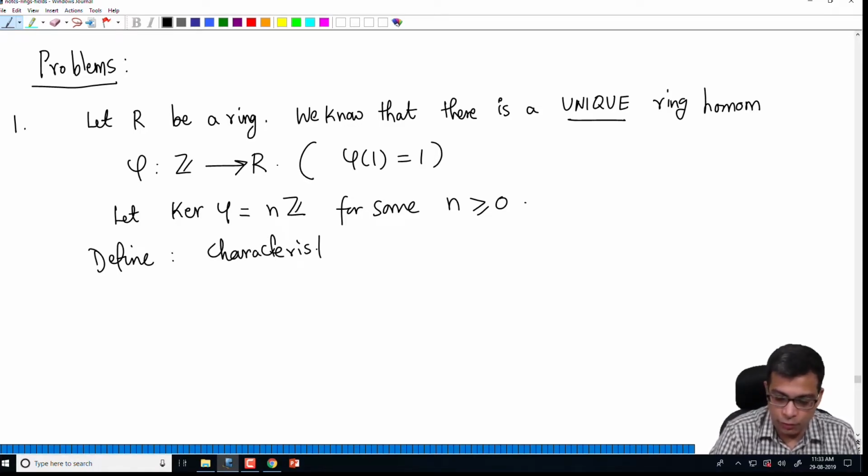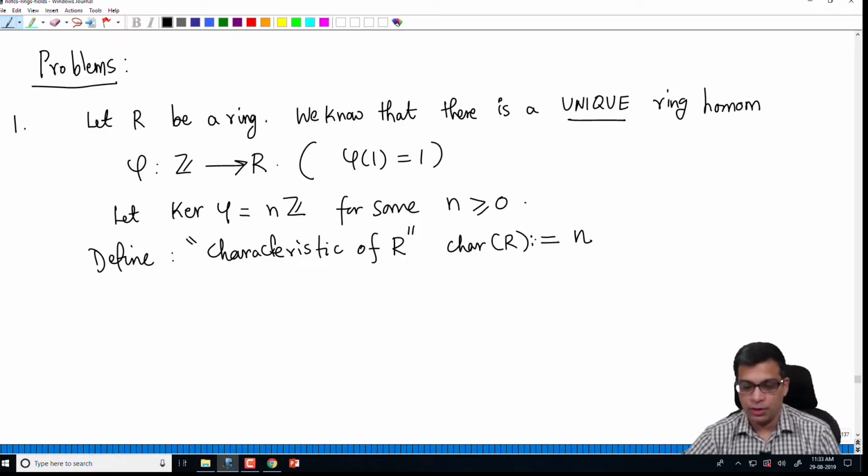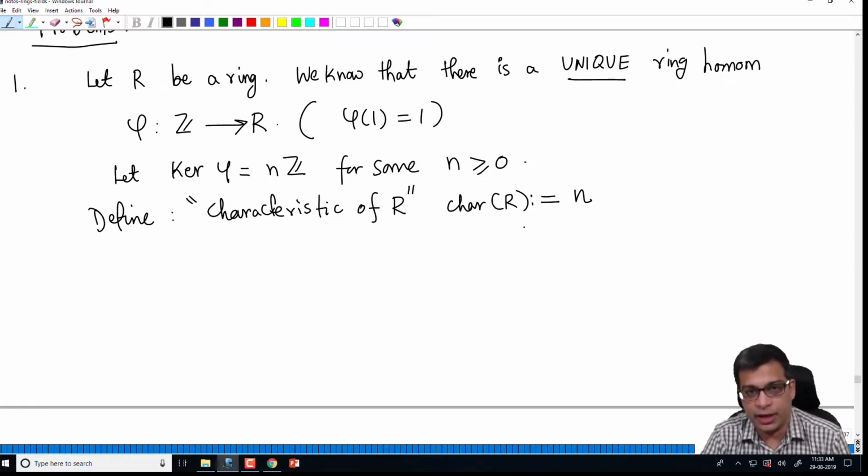This is an important word in ring and field theory. The characteristic of R, which I denote usually by just char(R), is n. So the characteristic of R is equal to the non-negative generator of the kernel of the unique map from Z to R.